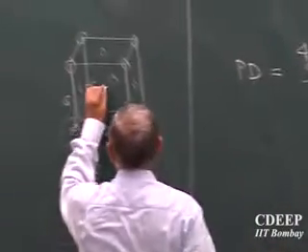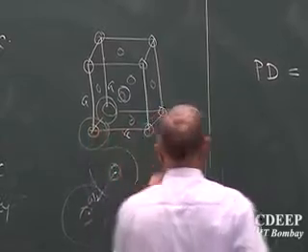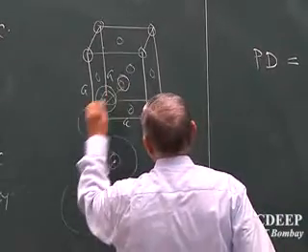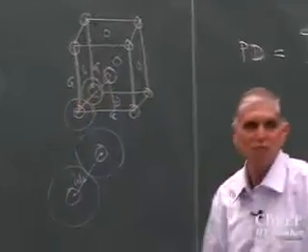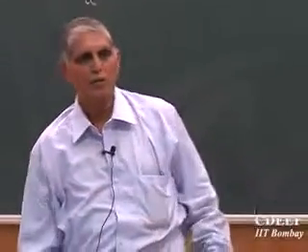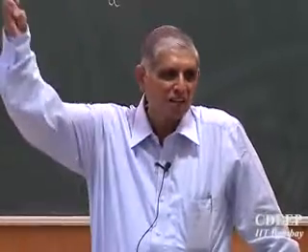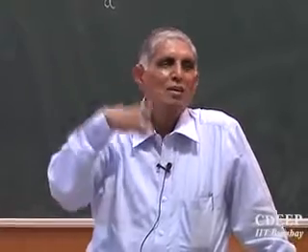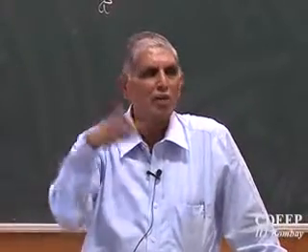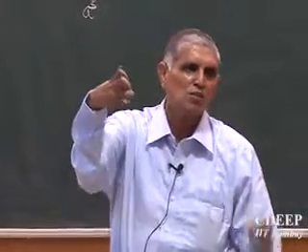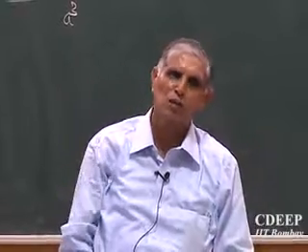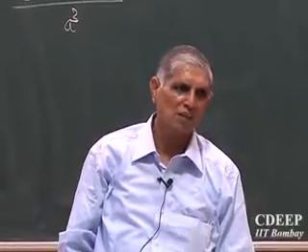If, let's say, this is BCC, in the BCC case, it has an R which is the square root of a by 2 square plus a by 2 square plus a by 2 square. Is that a diagonal? What will be R there? It is root 3 kind of thing. So we can always calculate the nearest distance from the atom from this point, and that is called the R for the structure.